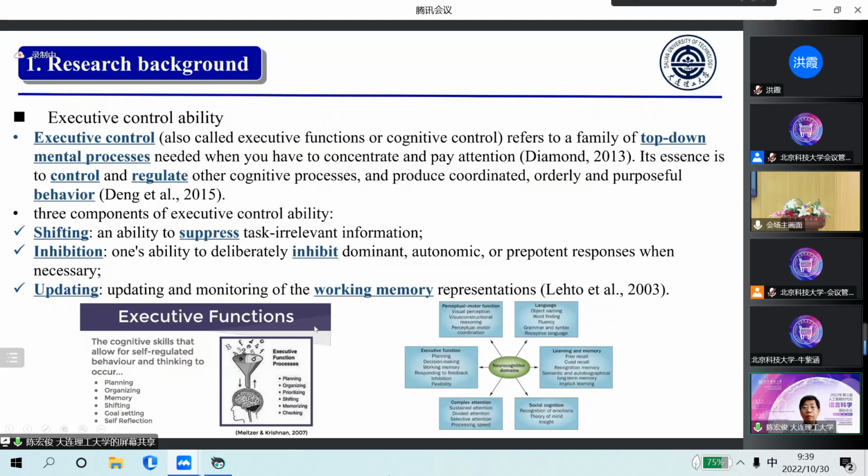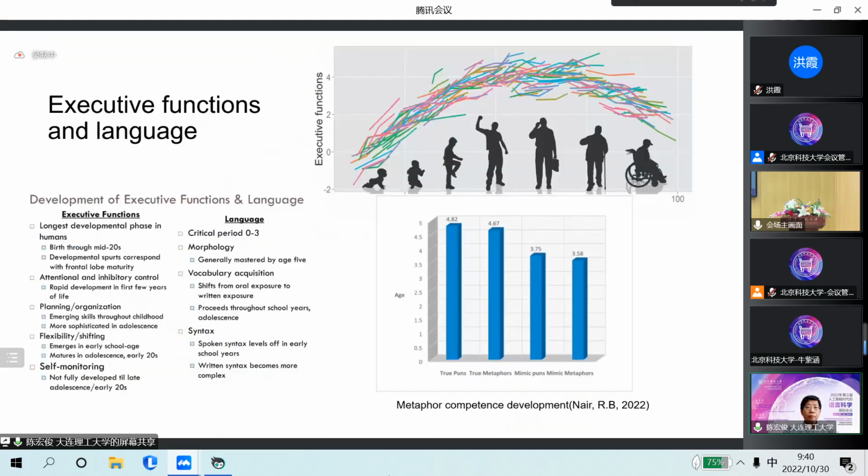Some are overlapping, of course, but all in all, executive functions or executive control really play a very important role in the neurocognitive domain in mediating other functions, including language.